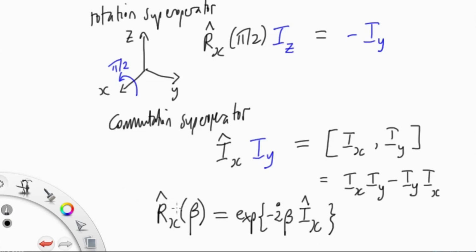So rotation superoperators are complex exponentials of commutation superoperators, and SpinDynamica uses those properties to calculate properties of superoperators.